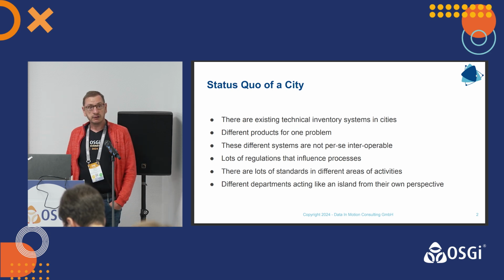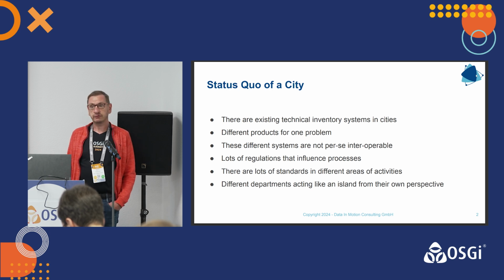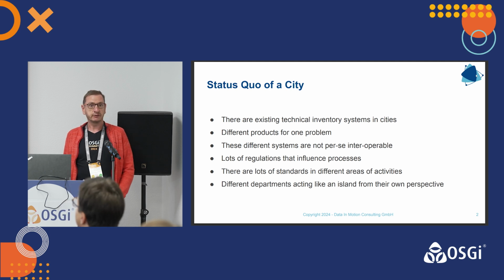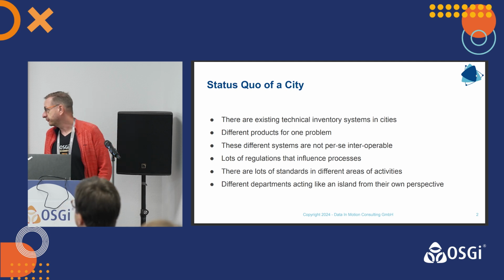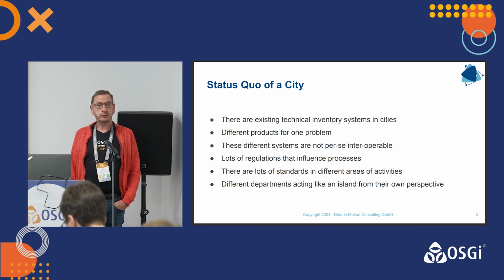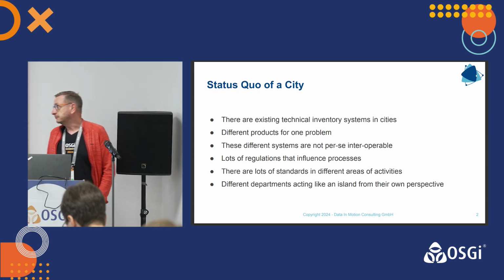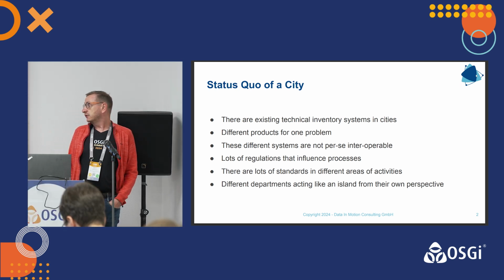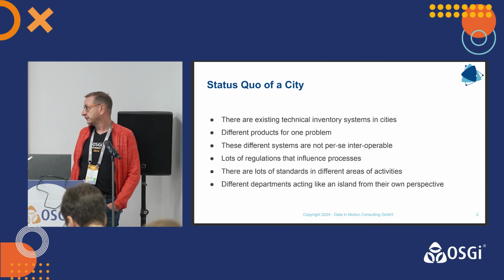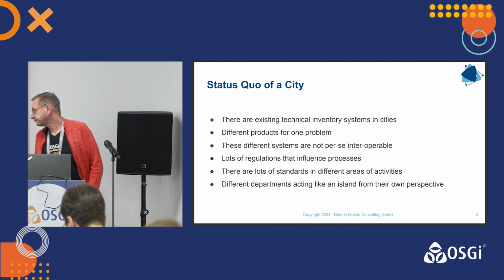On the other hand, there are also a lot of regulations that influence the processes in such a city. This is typical for governmental processes. And in addition, when we talk about standards in software, there are also a lot of standards, different standards for different topics and in different states of activity.